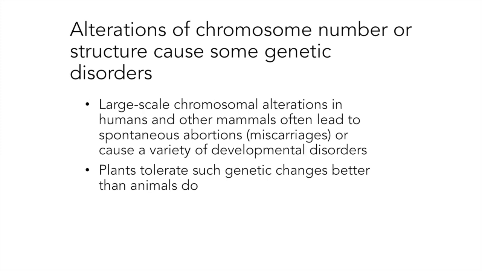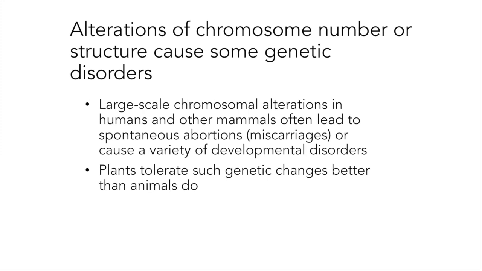So, a number of genetic diseases are the results of changes in the number of chromosomes or the structures of chromosomes. But chromosomes are really, really big compared to the genes that they contain.